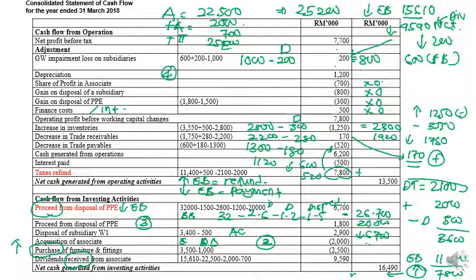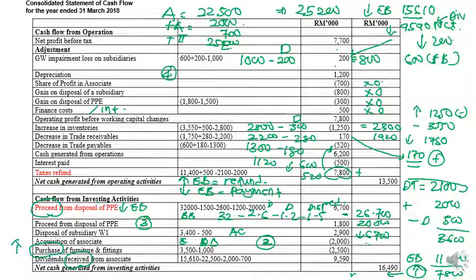Okay, depreciation is given. If you refer back, it's already given in item number 4. Okay, share of profit in the associates, we need to minus here because it's not operating. Gain on disposal of subsidiary also needs to be minus because it's not related with the operations. And then we have gain on disposal of the PPE, also minus here because it's not related with the operations.